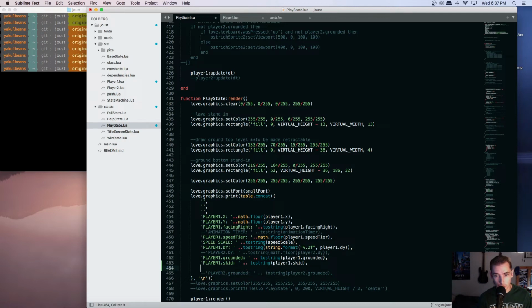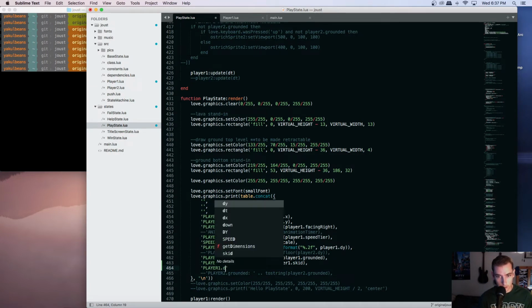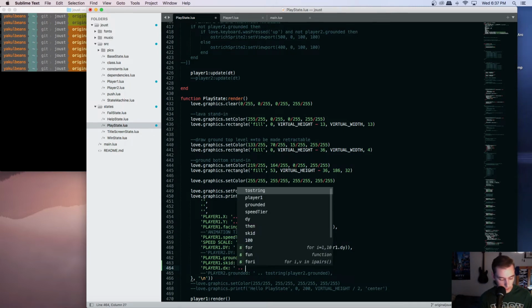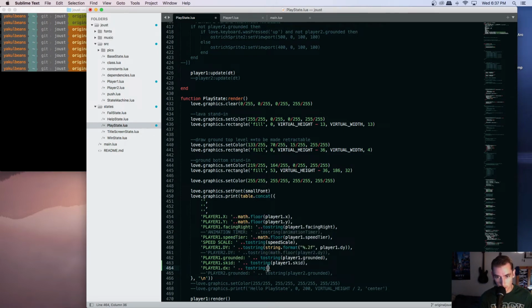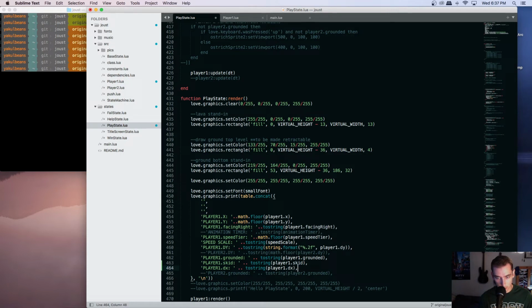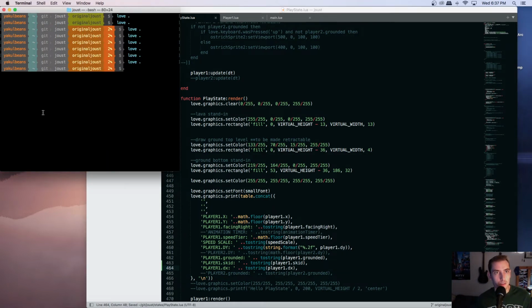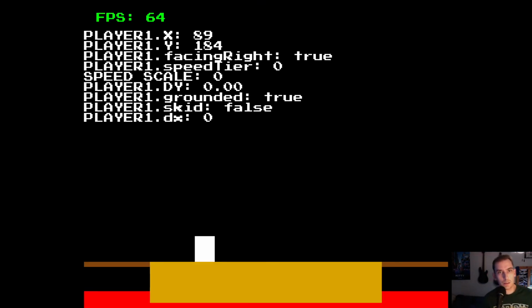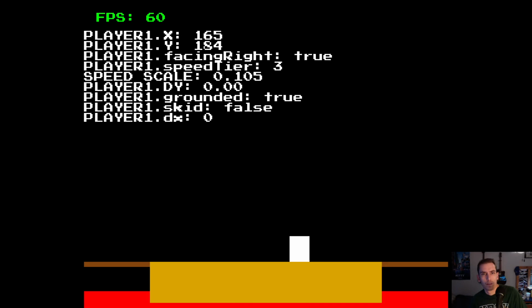But we also want to print out the dx. So same deal, concatenate to string the player1.dx. Let me just see if the dx is working in any way I imagined it would. So dx is 0. dx isn't even changing.